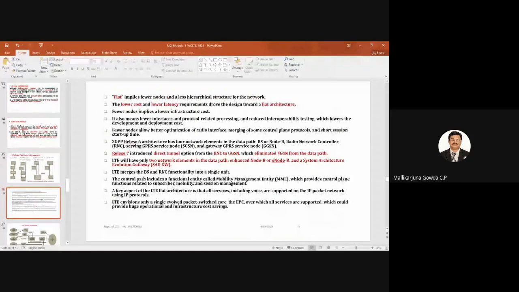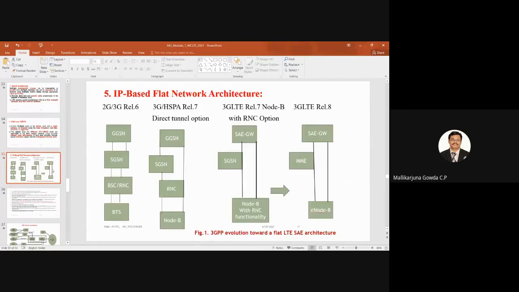Then LTE, the next version, has only 2 network elements in the data path. One is the eNode B, another one is the SAE gateway.